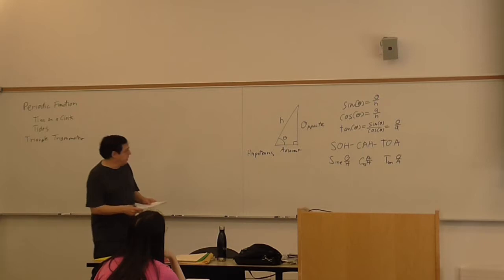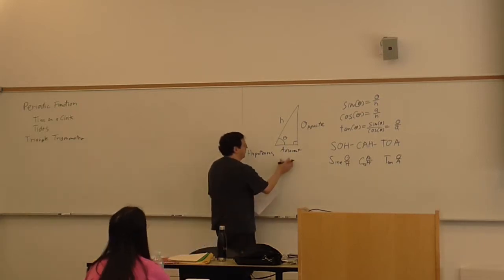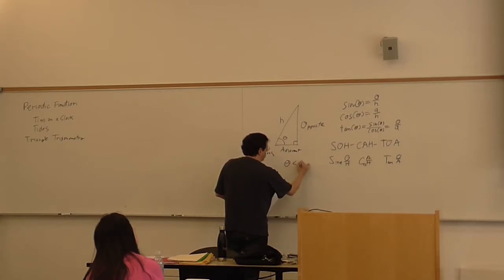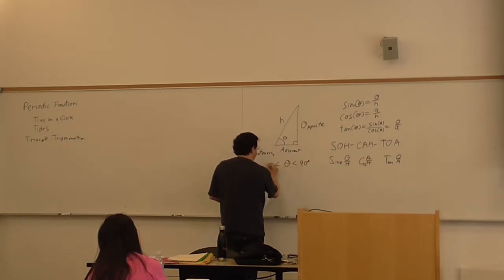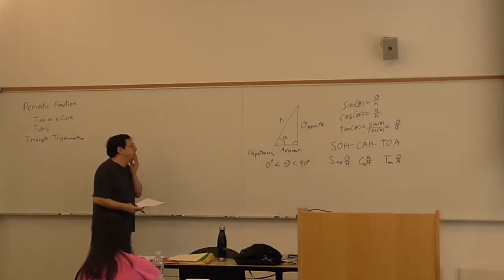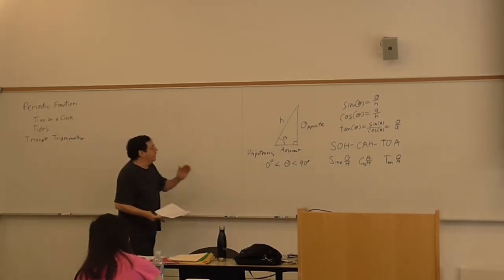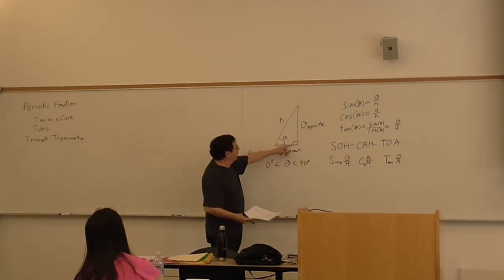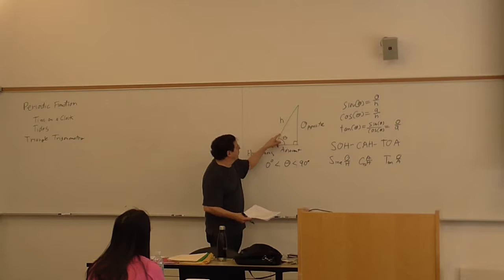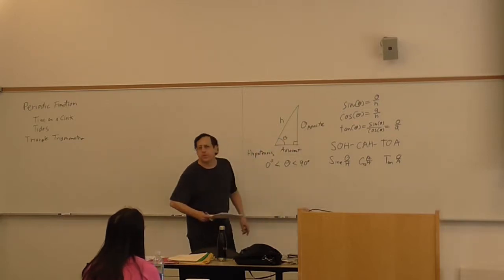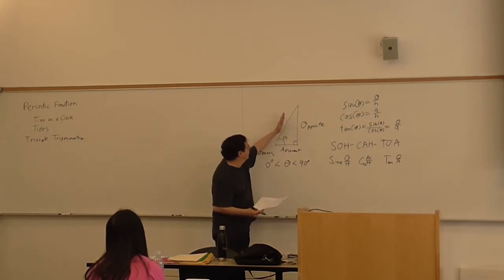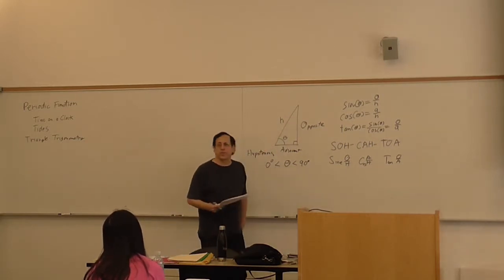You should note that to have a right triangle like this, theta has to be between 0 degrees and 90 degrees, strictly. There are no triangles with 0 degrees here, and if you have two 90-degree angles, what happens to your hypotenuse and your opposite?